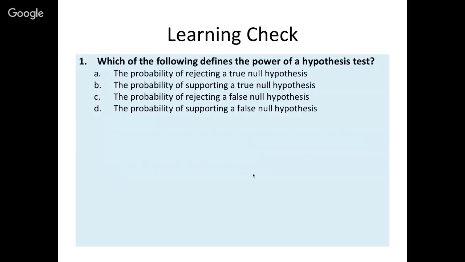Okay, let's do some learning checks, right? First, which of the following defines the power of a hypothesis test? Here we are asking about the definition. The definition of power is the probability to correctly reject a false null hypothesis. So it's C. Okay.